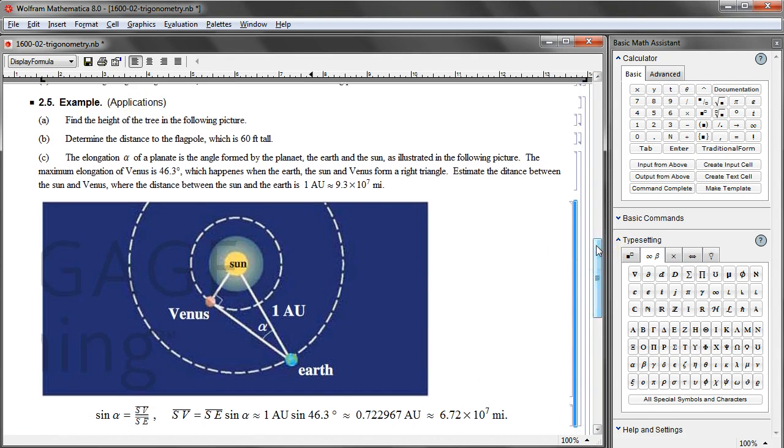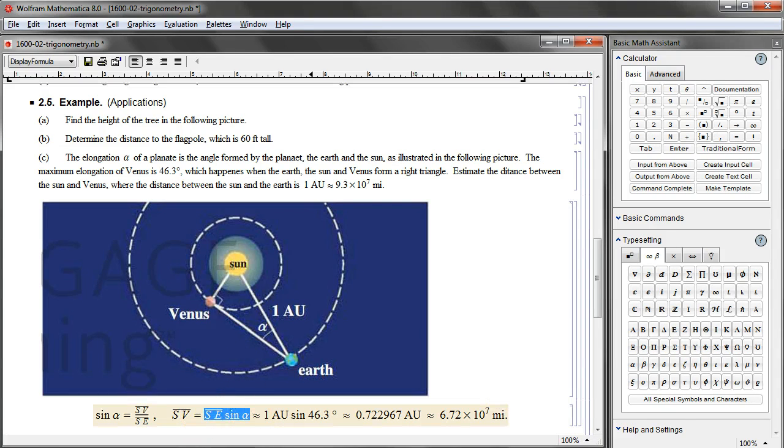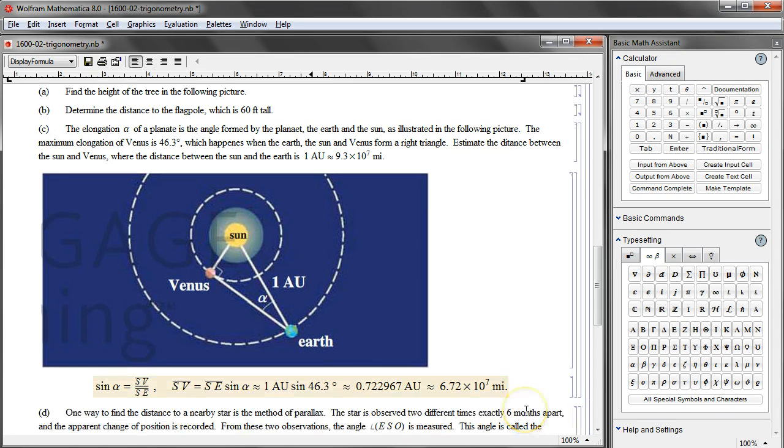Sine of alpha is the distance between Sun and Venus over the distance between Sun and Earth. So the distance between Sun and Venus will be the distance between Sun and Earth times sine of alpha. And the distance between the Sun and Earth is 1 AU. So 1 times sine of 46.3. So we end up with 0.7 something astronomical units.